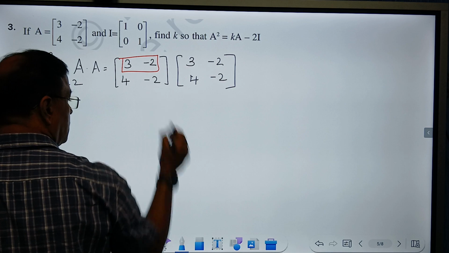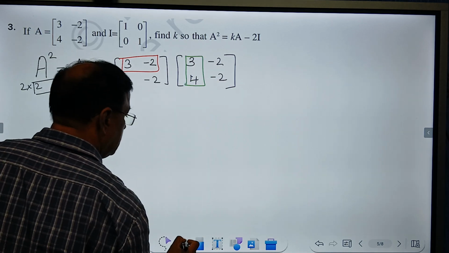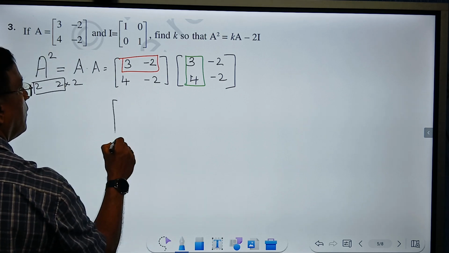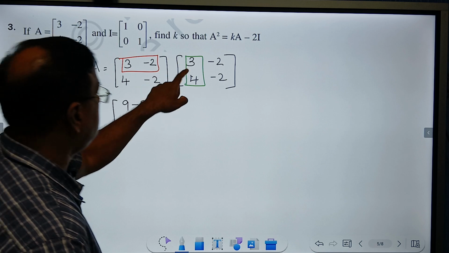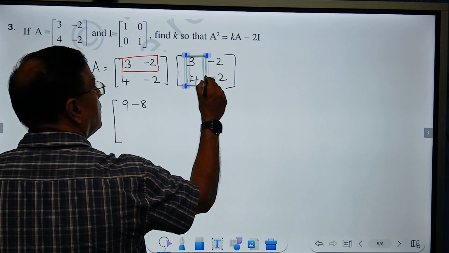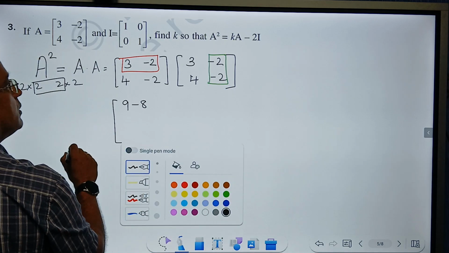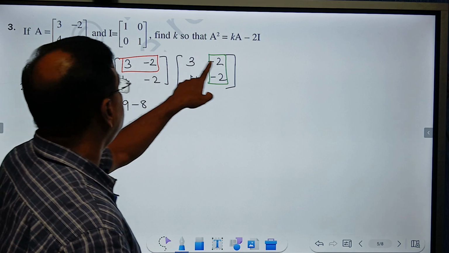First row, first column. Tell me. 9 minus 8, correct? What is the next one? Move it. What do you get? Minus 6 plus 4. Is it right?